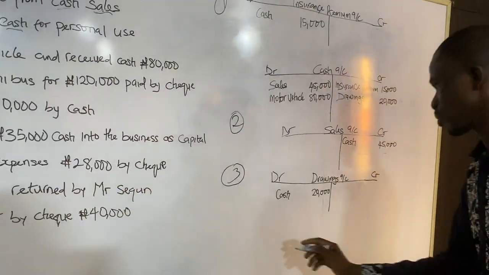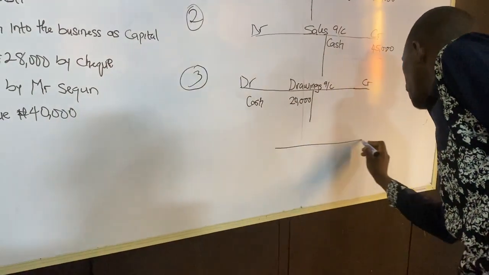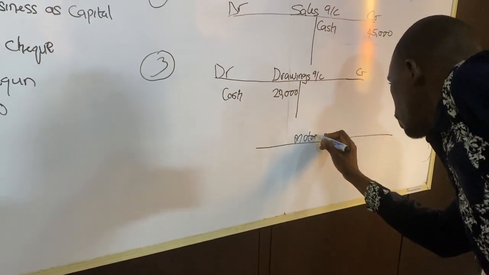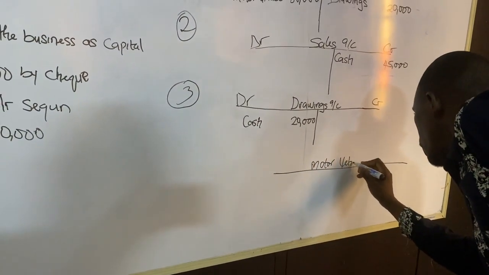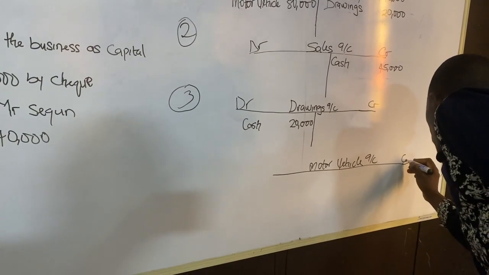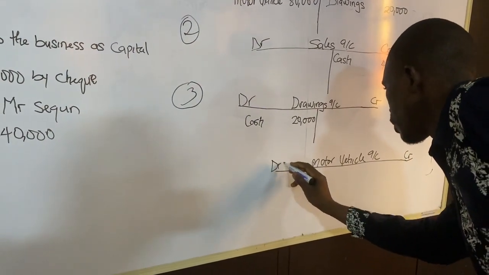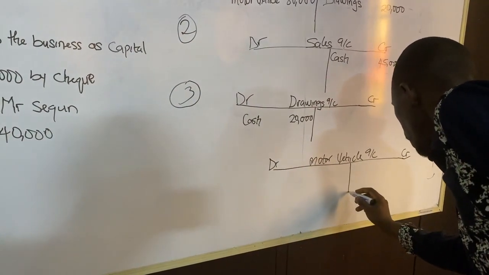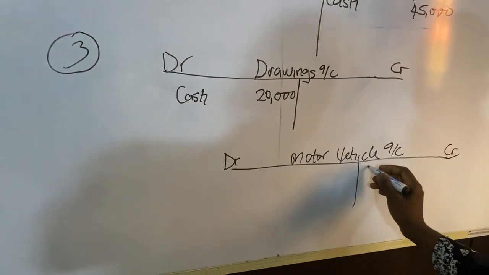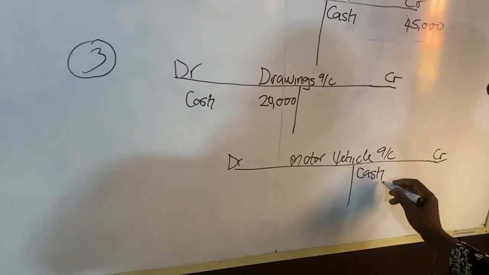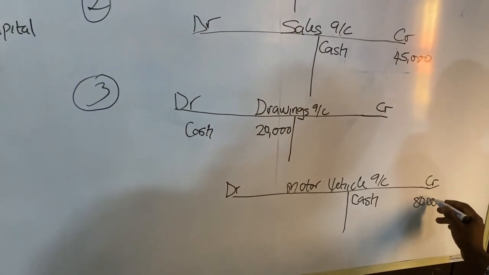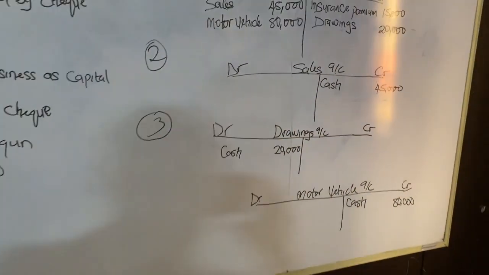You know where to open motor vehicle account here. And you have cash, 80,000 naira for it.